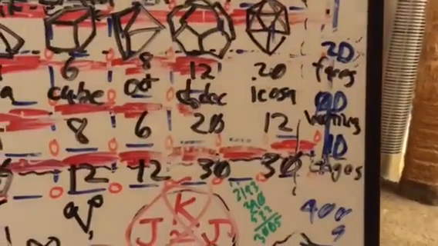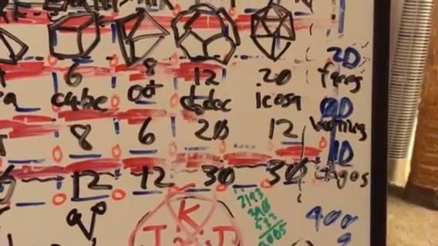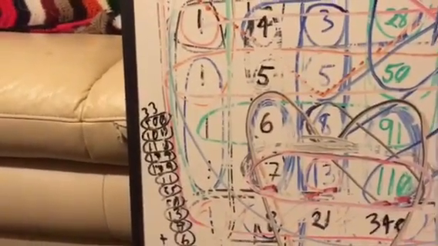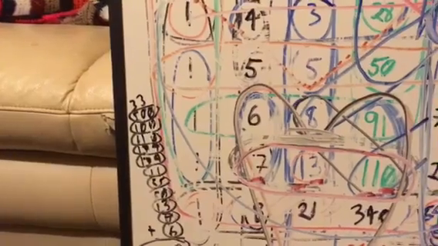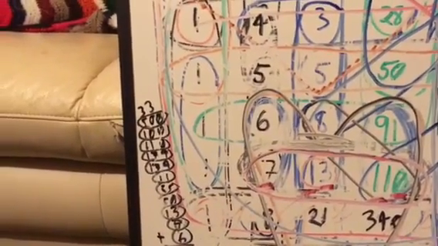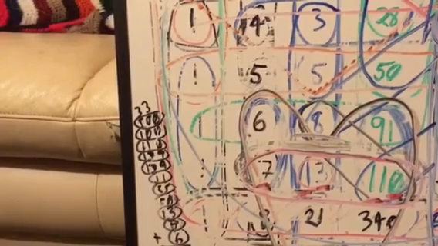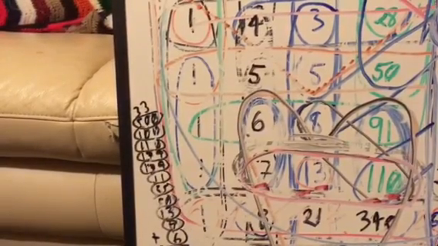Now, your 12 zeroth dimension vertices. Alright, your 12 vertices. Where are they going to be?